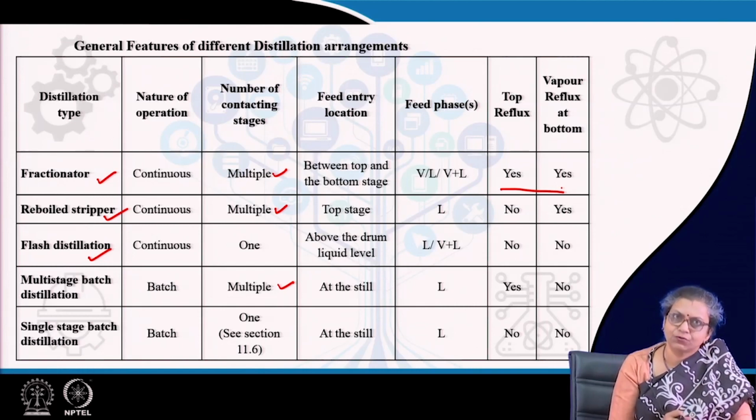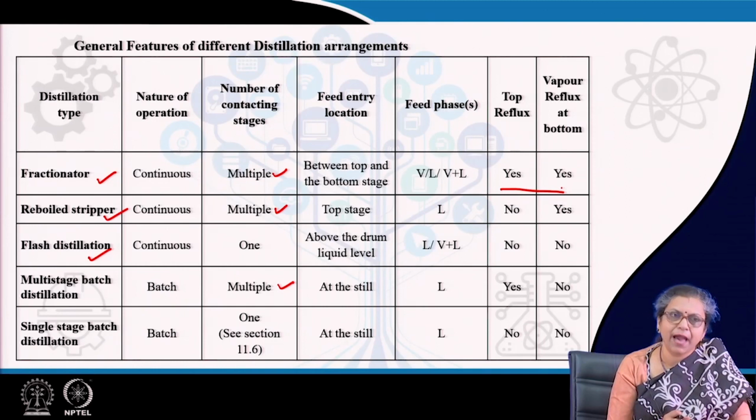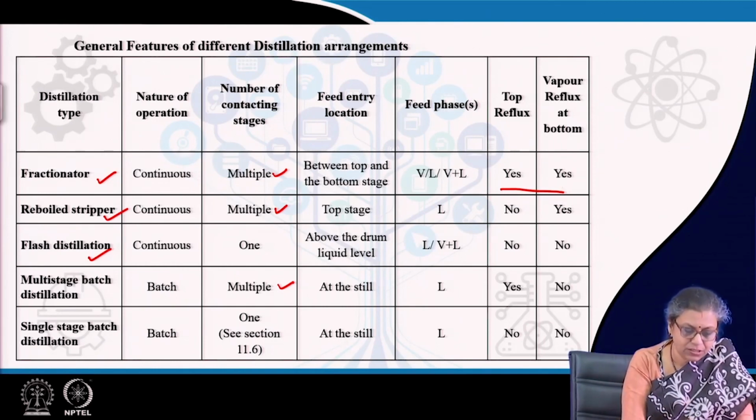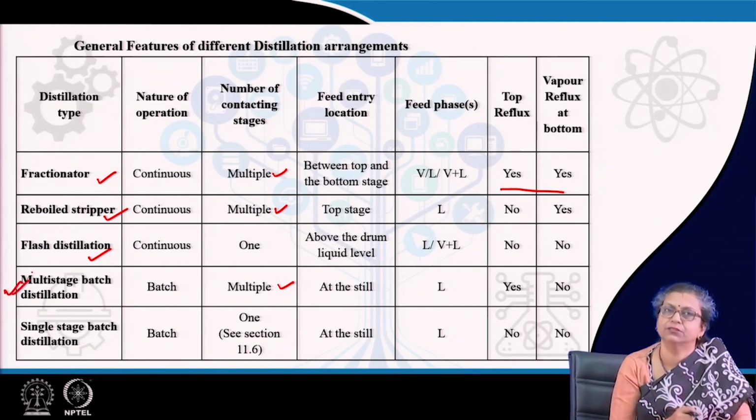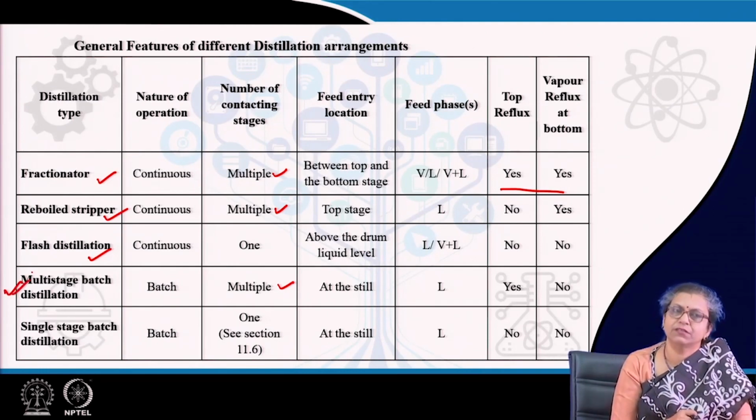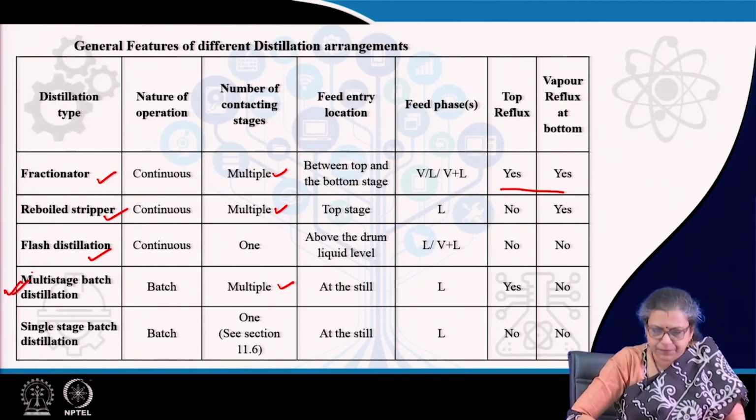And again, as I have told you, very recently multi-stage batch distillation units are being increasingly used in pharmaceuticals, cosmetics, food products, fine chemicals and such other industries.